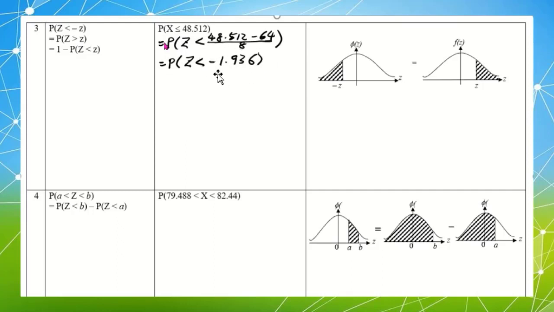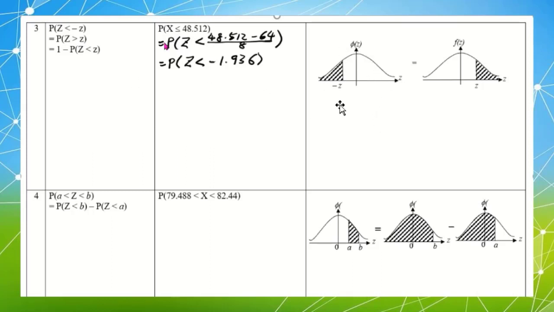So now I'm going to change this negative into positive. Same thing as the first example, when we change a negative value into positive value, the arrow here will change. That is from z less than negative z, I can change to z greater than positive z.